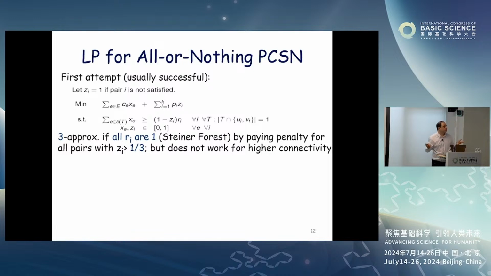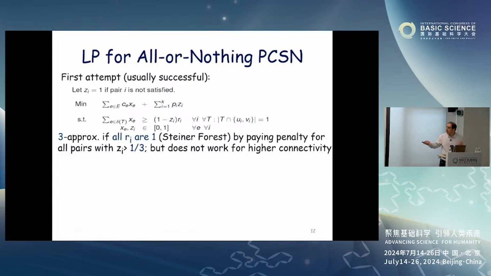And 1 over 2, paying at least 1/3 of the penalty. This means that you have at least satisfied 2.